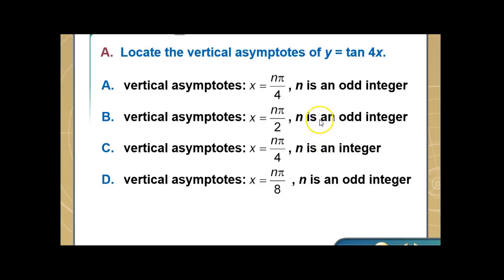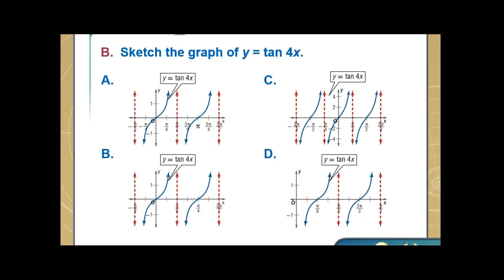So just a reminder there that you're still figuring out where tangent of 4x is undefined. And now see if you can graph, or sketch the graph of y equals tangent of 4x.